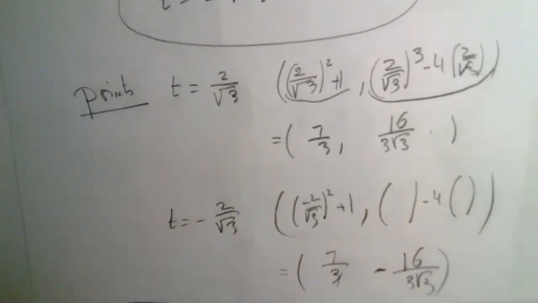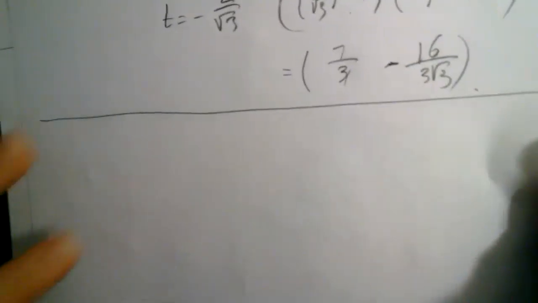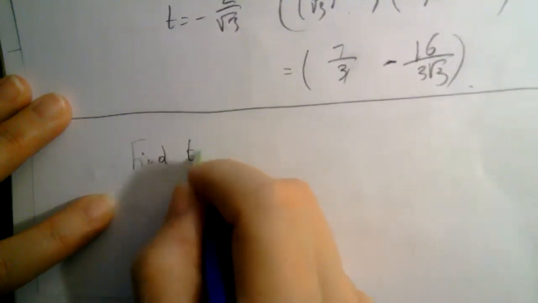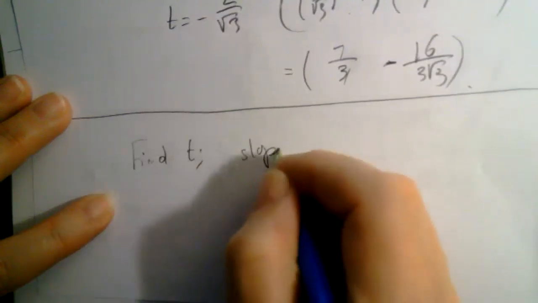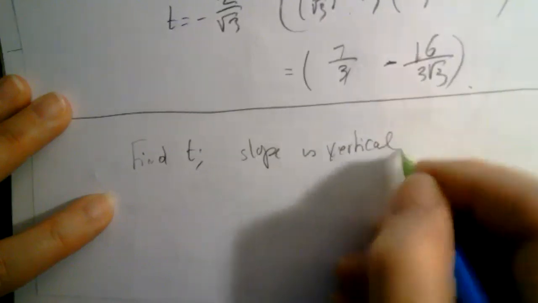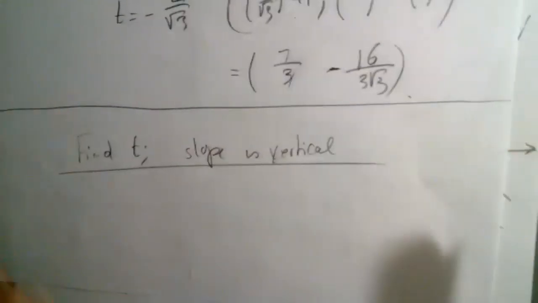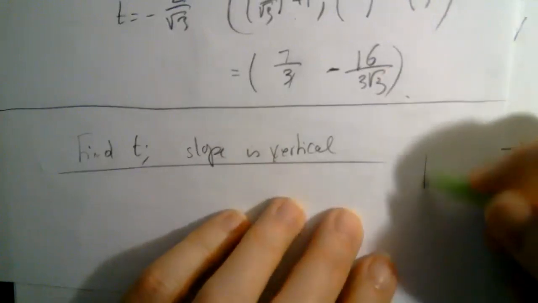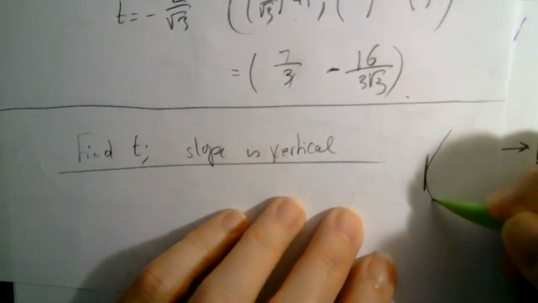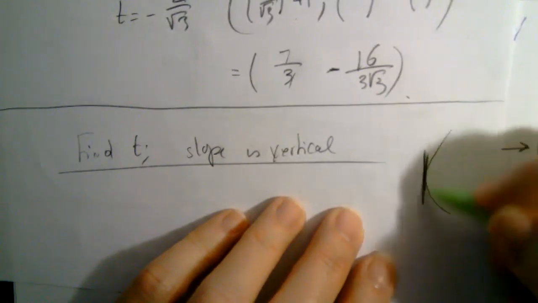Okay, now one more question. When is the slope vertical? Find the values of t where the slope is vertical. So what does it mean that the slope is vertical? The slope is like this. I'm asking, when does the graph have this shape?